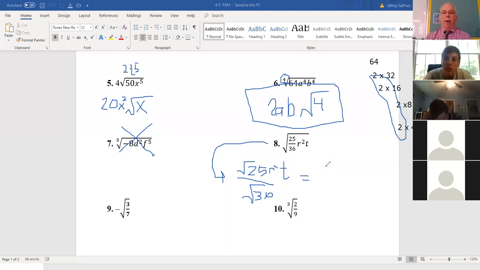Okay, so the 25 should come out from the radical as 5, right? Take care of that. The 36 comes out from under the radical as 6. That's great. The r squared, since this is a square root, comes out as r, right? Because that's r times r. Or the square root of r squared is r, another way to look at it. And the t, I cannot simplify any further, stays under the radical.